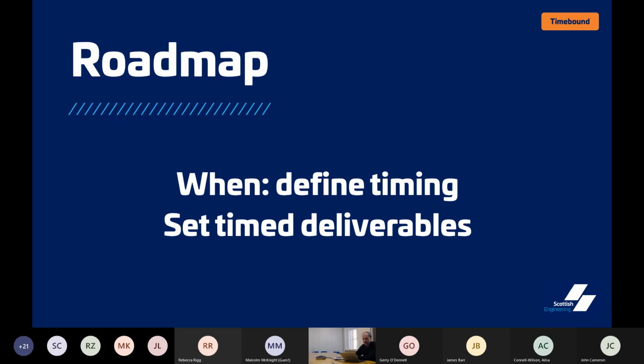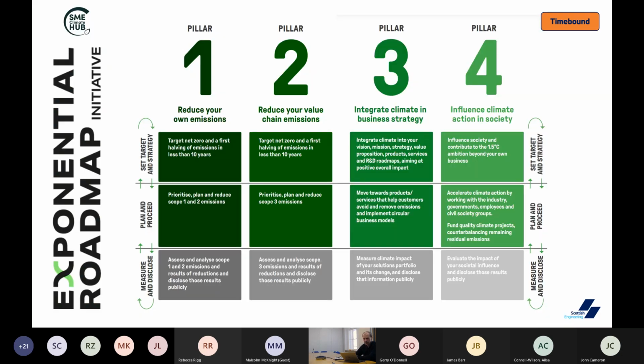The when is about defining the timing, and it's about setting up time deliverables. And the way to do that, one suggestion is the Exponential Roadmap Initiative. Again, the SME Climate Hub, and it's got 4 pillars. Pillar 1 is about reducing your own emissions.